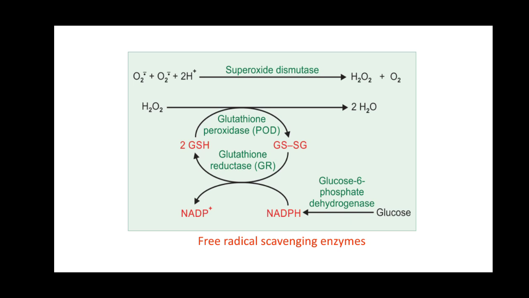Here two glutathione molecules are converted to their oxidized form, and further by glutathione reductase, the oxidized form of glutathione is reduced to its original form by NADPH in the reaction. So this includes scavenging of a free radical in the glutathione system.